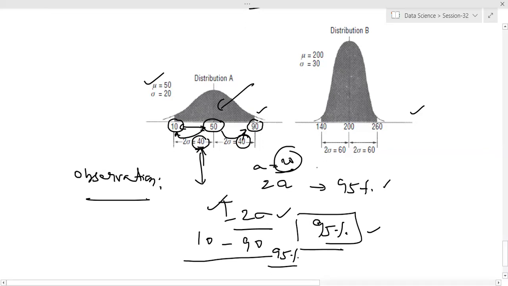See, Suresh, one thing. If you are not having the empirical rule, then what is the problem here? If there is no empirical rule, and we are simply given some normal distribution analogy, do you think we can have a meaningful understanding of these diagrams? You will not. You'll be stuck.